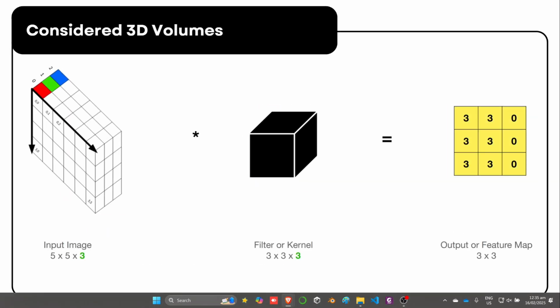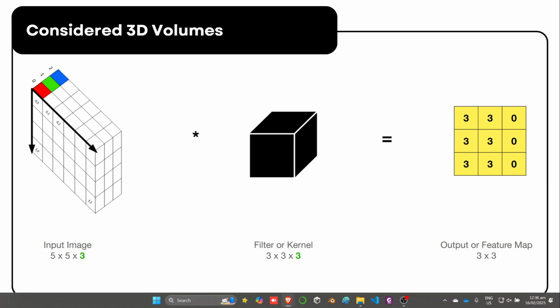So this is how treating volumes works. And we're going to take a look at how it works when we have multiple filters. You previously saw examples where we just had one filter.